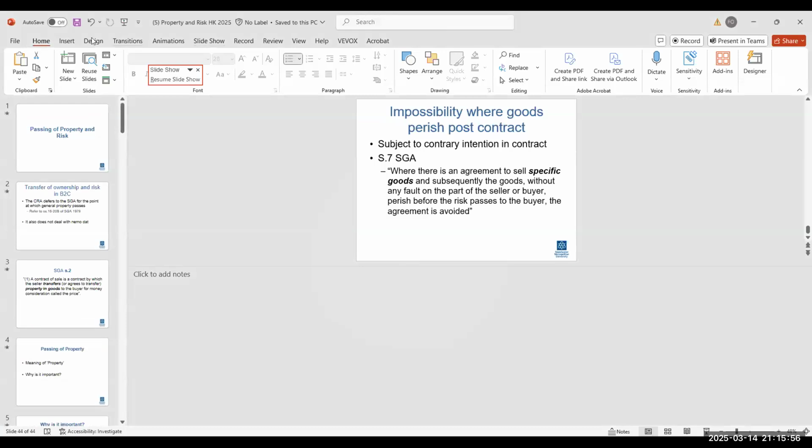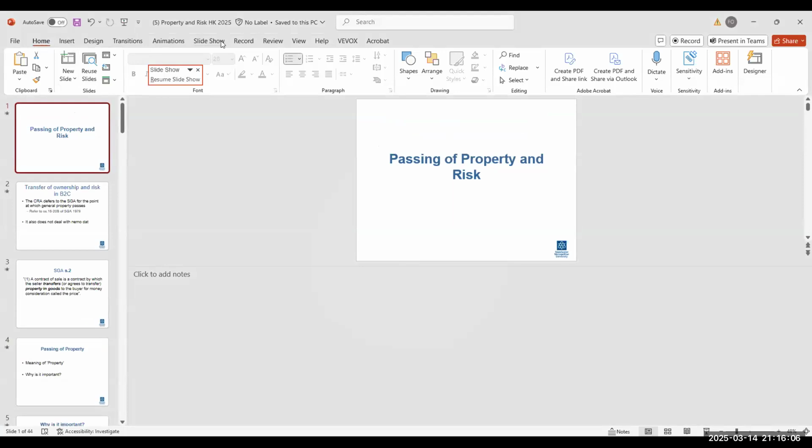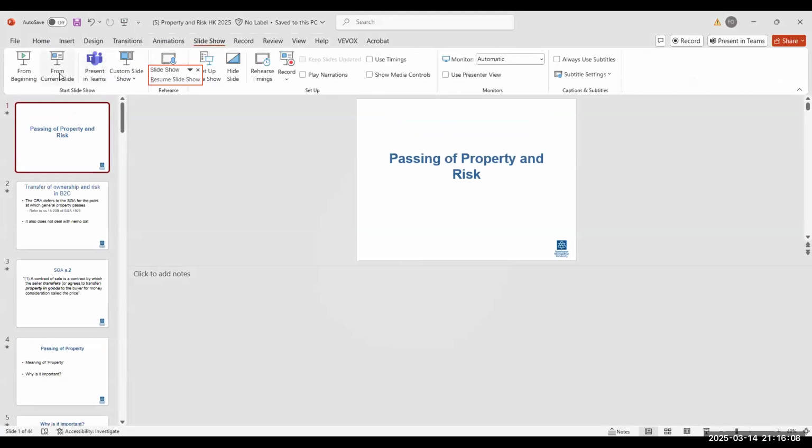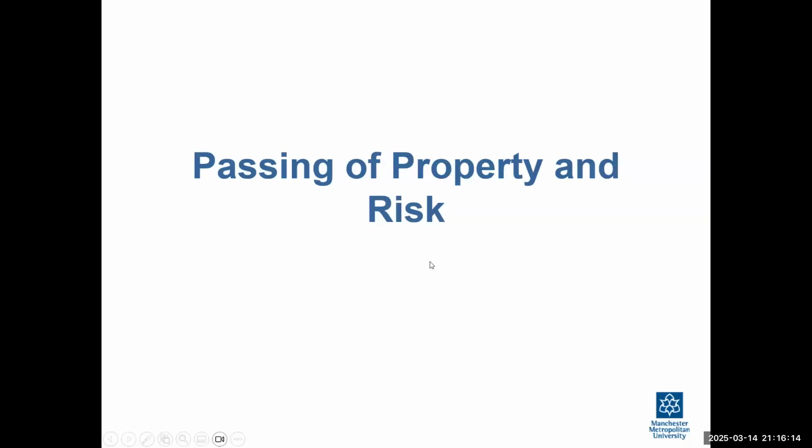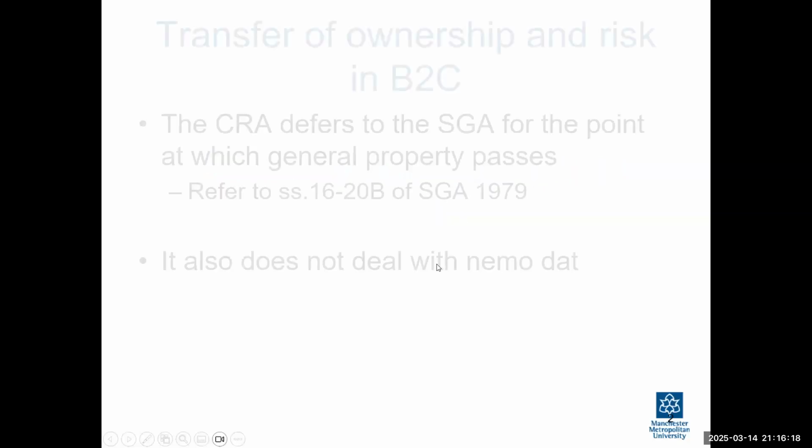It's not crucial that you discuss that in the assessment, but if you do, it's capable of elevating your performance. But don't go into too much detail. It just shows that you really understand what we're on about. So if I can't see any comments from you, I'll just proceed to talk about passing of property and risk.